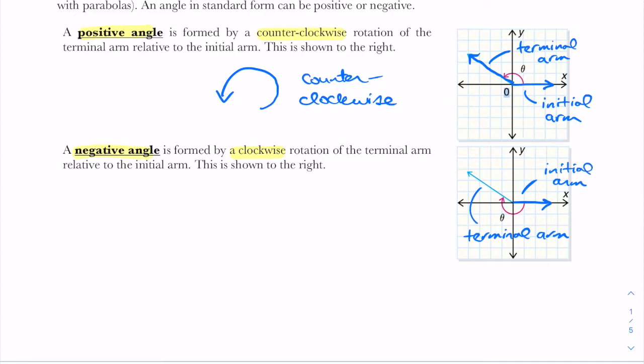And just to remind you, clockwise rotation looks like this. Just to make an analogy here, it's just like how you learned when you move to the right along the x-axis, that's the positive direction. And when you move to the left along the x-axis, that's the negative direction. That was a convention for the x-axis. This is a new convention for angle rotations.